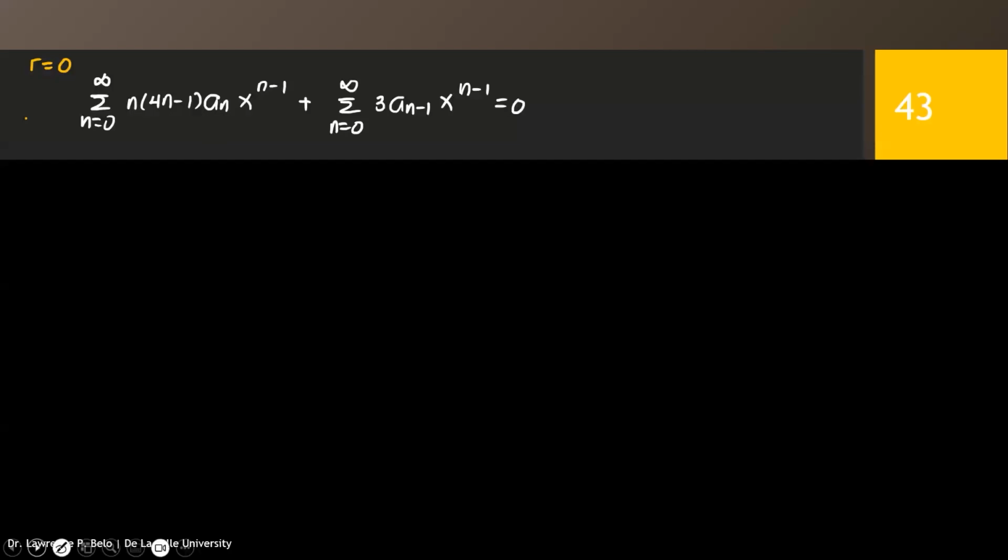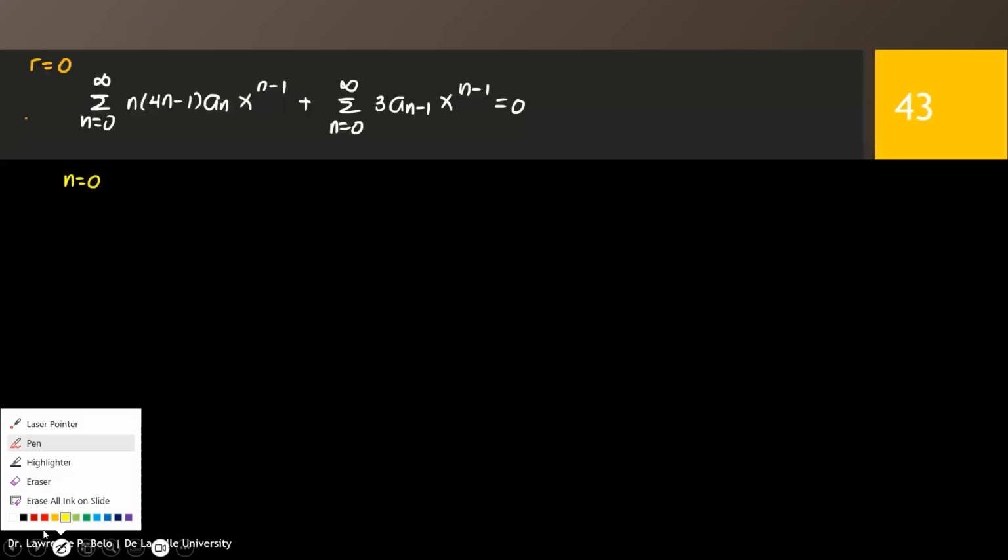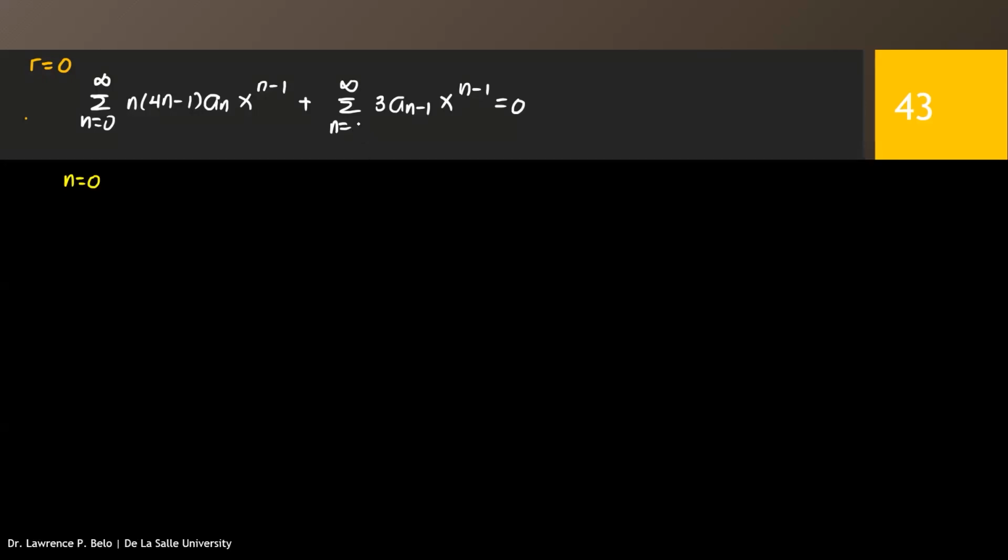equals 0. So similar to how we solved before, when n equals 0, oh, both are 0, right? So unlike before, sorry, this is n equals 1. Sorry for that. So when n equals 0, you can say 0 times negative 1, a sub 0 is 0. So we're correct. A sub 0 is arbitrary.